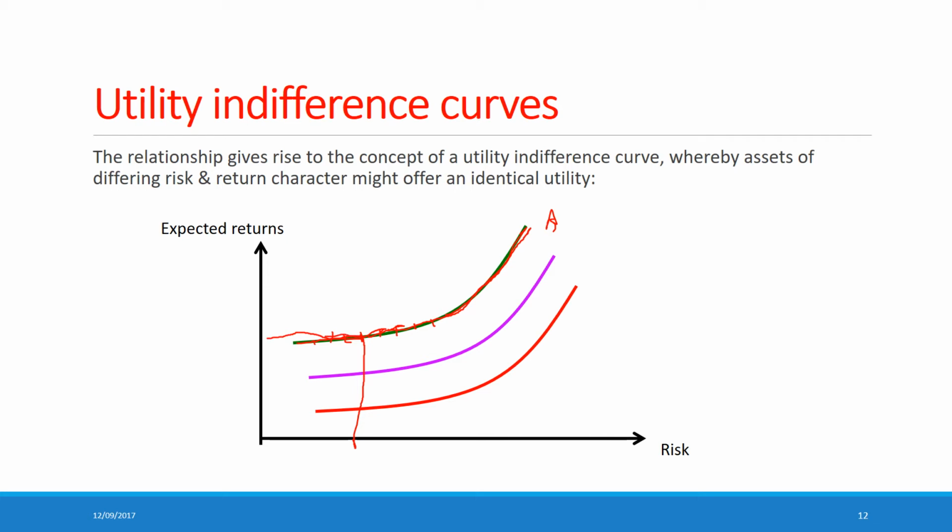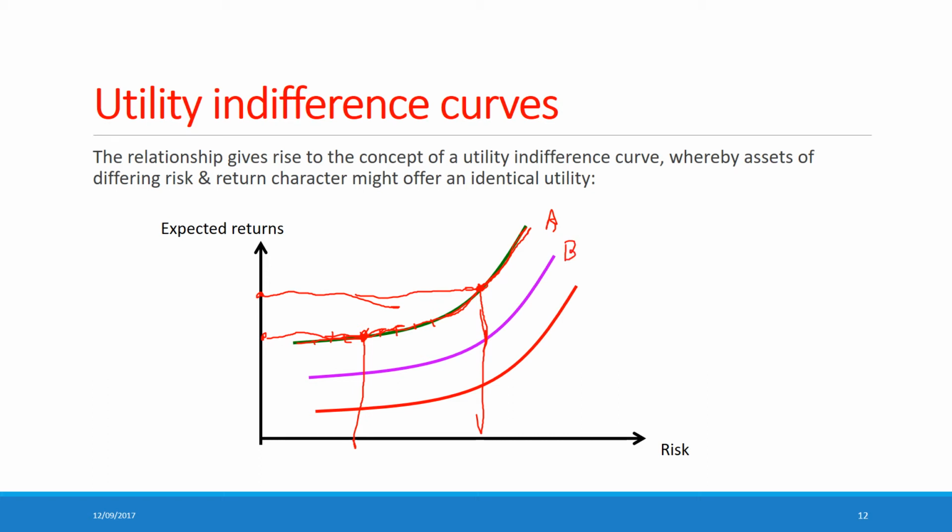At the current state of the economy. So the investor, if they choose to pick this level of risk, they get this level of return. If they choose to bear a bit more risk, this is their expected level of return. But these points are the same in the sense that they have the same utility for the investor, right.